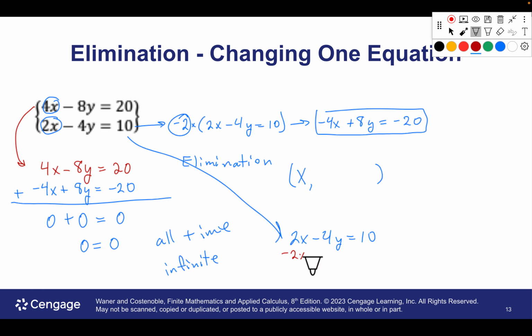So we subtract 2x, -4y equals 10 minus 2x, and then we divide both sides by negative 4. Cancel out. And so we're going to get y equals 10 minus 2x over negative 4.